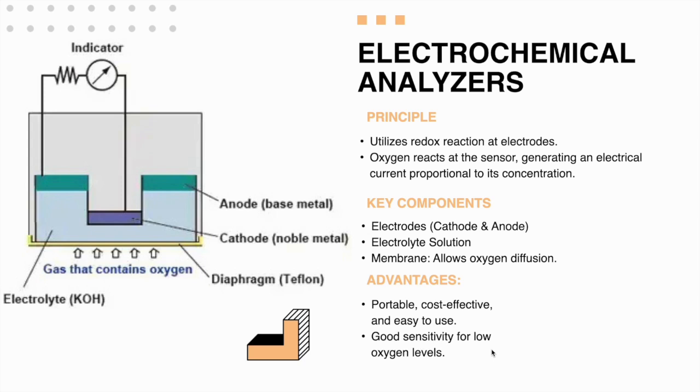The cathode is made up of noble metal. The second one being the electrolyte solution, which is primarily a potassium hydroxide solution, and a membrane which allows oxygen diffusion. The advantages of using this type of analyzer are that it is portable, cost effective and easy to use, and that it has good sensitivity for low oxygen levels.